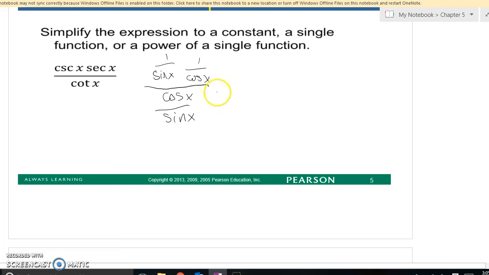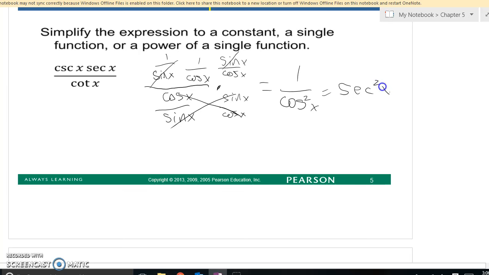So in order to take care of that, I'm going to multiply by the reciprocal of the denominator, sine x over cosine x, sine x over cosine x. It took care of what it should have. Those all cancel. Notice in the numerator, I've got a sine and a sine that cancel as well. So all I'm left with is 1 over cosine. Cosine times cosine is cosine squared x. All right, so what's 1 over cosine? Secant. So secant squared is your final answer on that one.